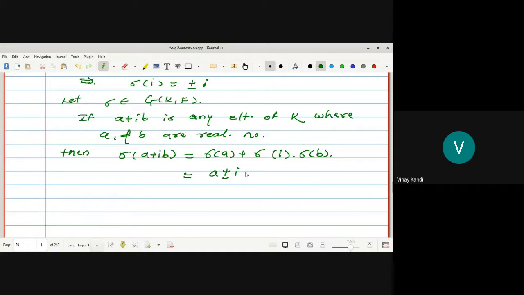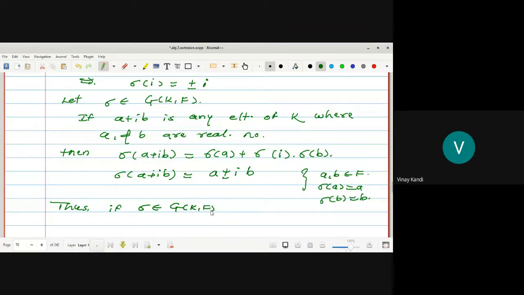So here we get sigma of a plus ib is equal to a plus or minus ib, with a and b belonging to F. This implies sigma of a is equal to a and sigma of b is equal to b. Thus, if sigma belongs to G(K/F), then we have sigma of a plus ib is equal to a plus or minus ib.